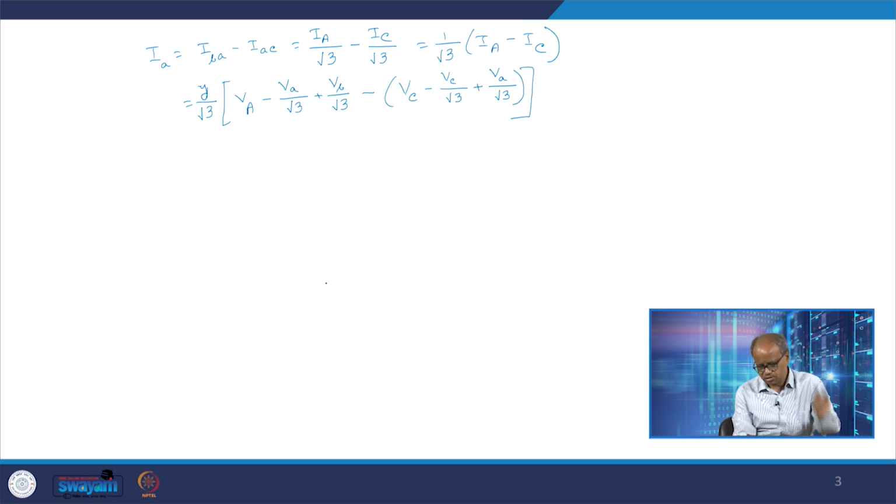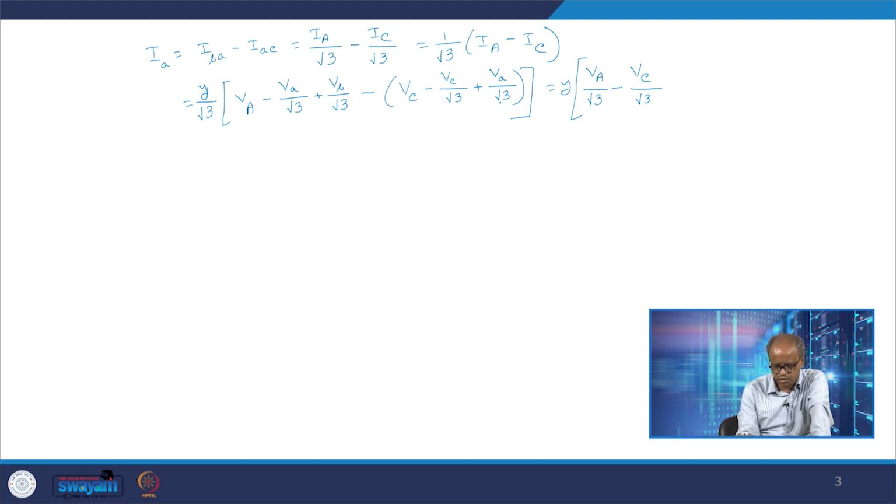So then therefore I can say that it is Y, I take Y common, VA by root 3 minus V capital C by root 3, and then minus V small a by root 3, and here also minus V small a by root 3.